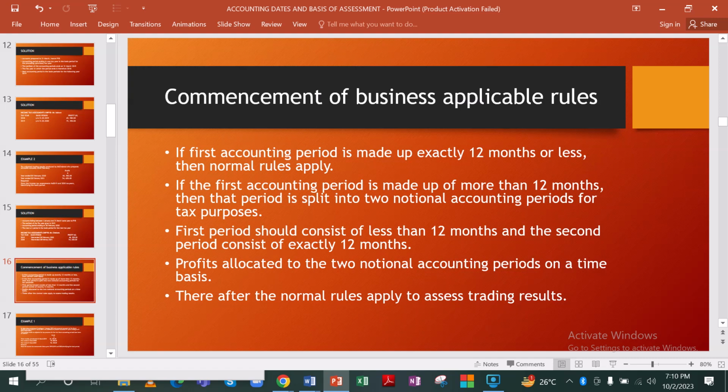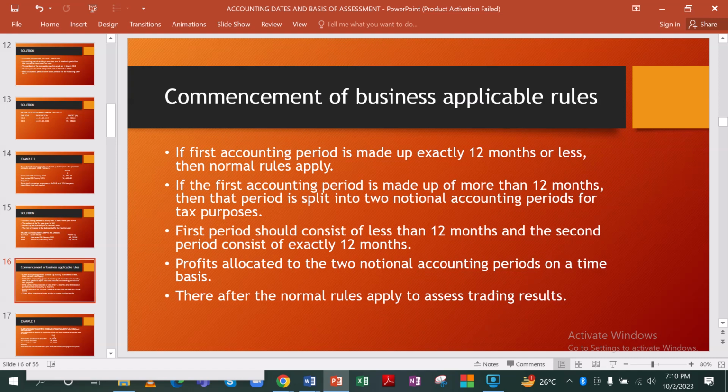A few things to note: if the first accounting period is made up of exactly 12 months or less, then normal rules should apply.